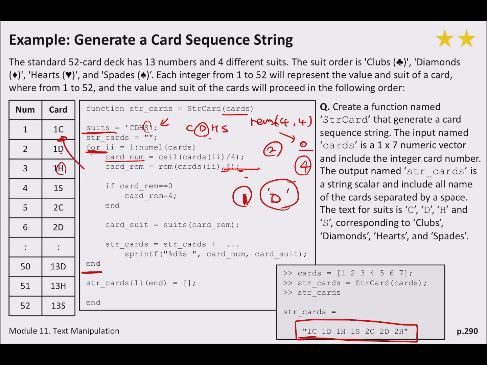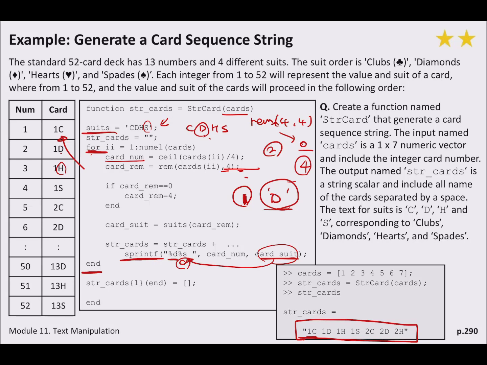How do we join the number and the character using sprintf? The %d converts the numeric value to a string, and %s is for the character. You can use c or s, whatever.